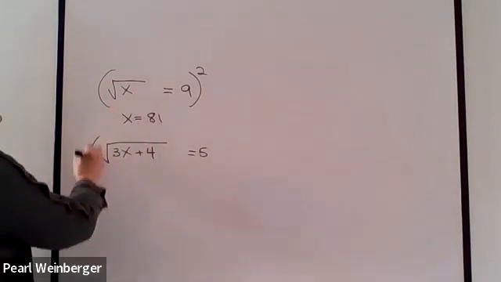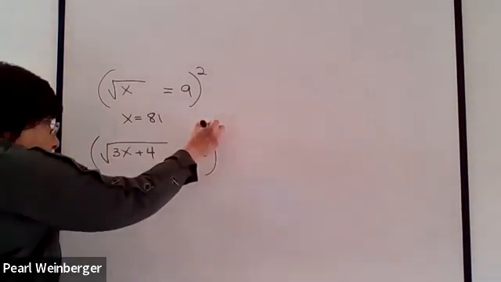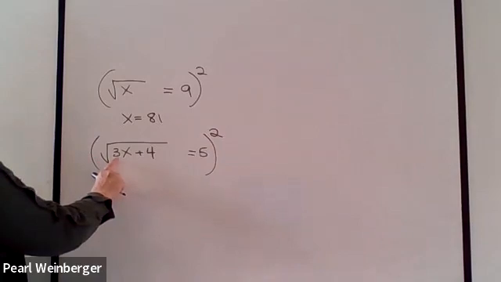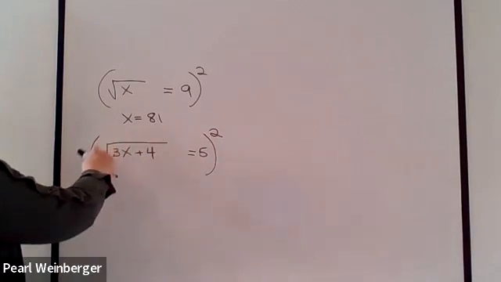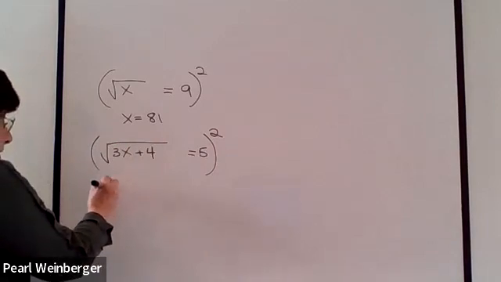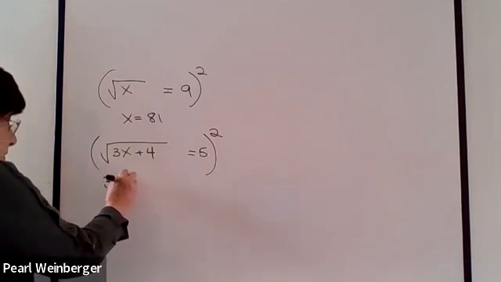Once I have that, I'm going to get rid of the radical by squaring both sides. Remember, when I multiply the square root of 3x plus 4 times the square root of 3x plus 4, in other words, when I multiply this by itself, I just get the 3x plus 4.